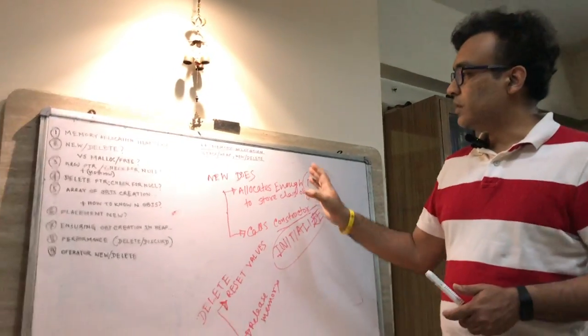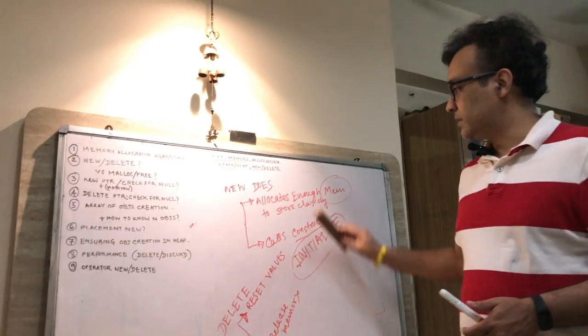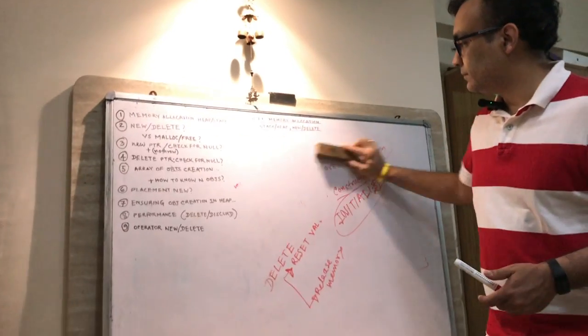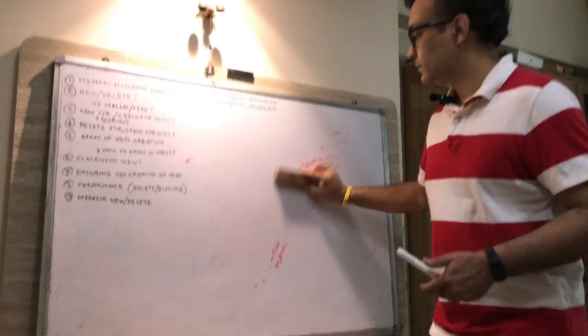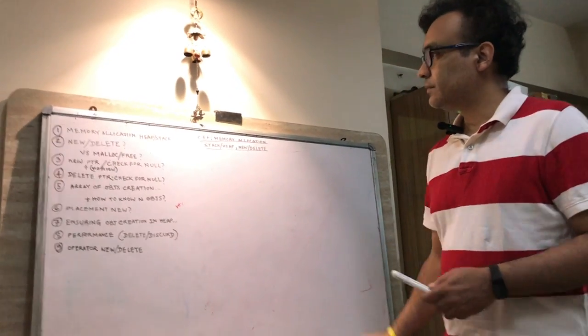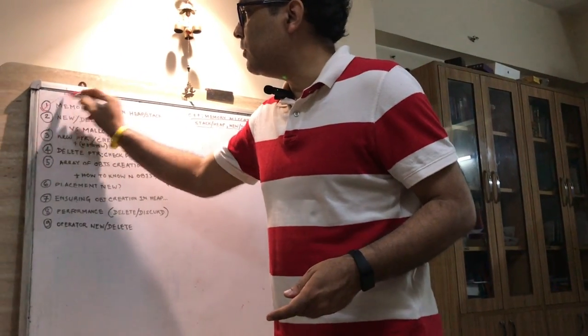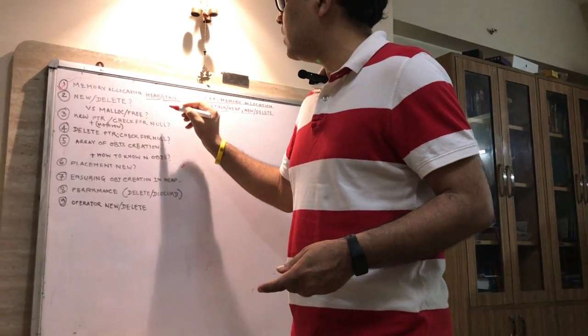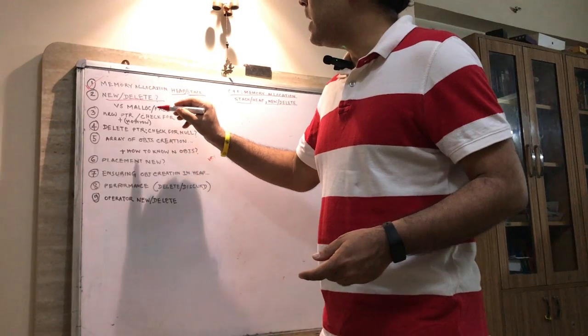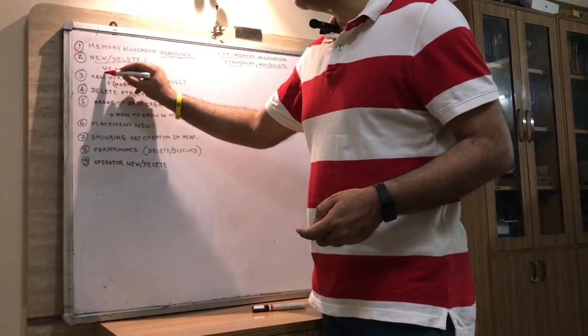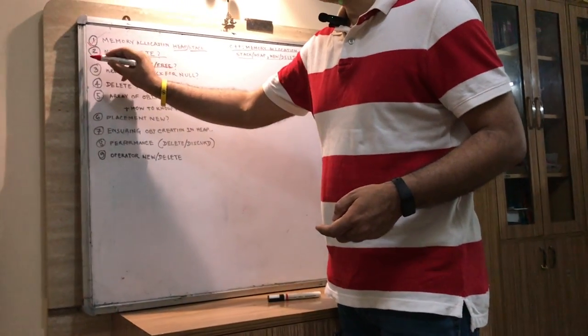So this is the summary of the new and delete operations. So we know about the memory allocations, we know about heap and stack allocations, we know about new and delete now, and it's in comparison to malloc and free.